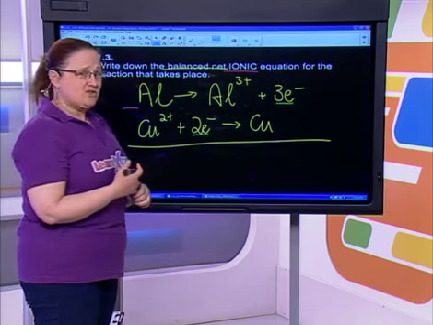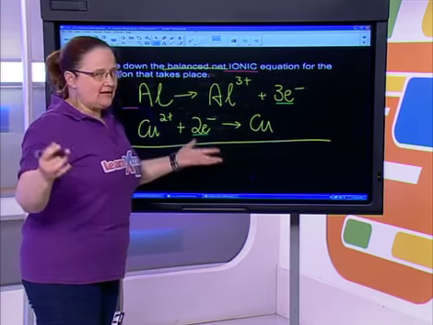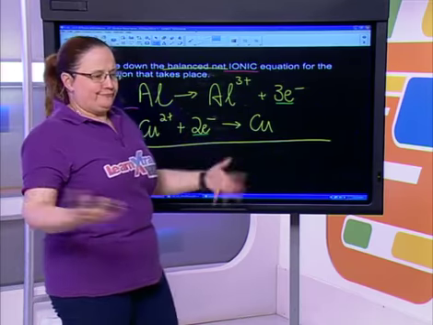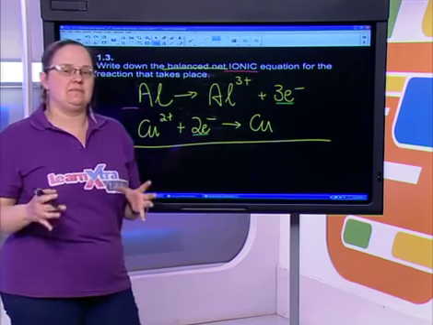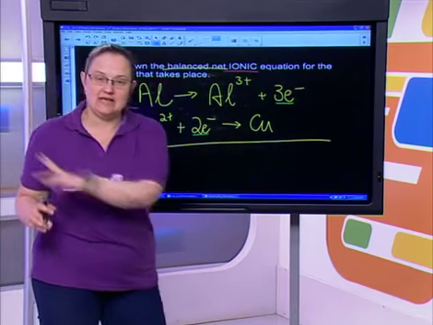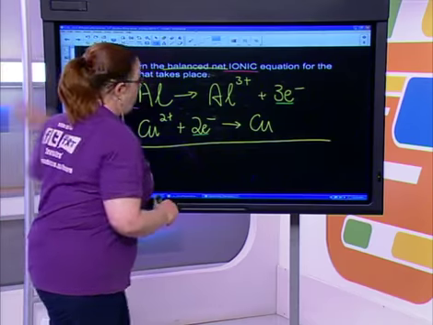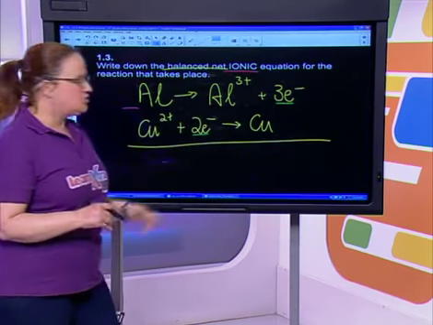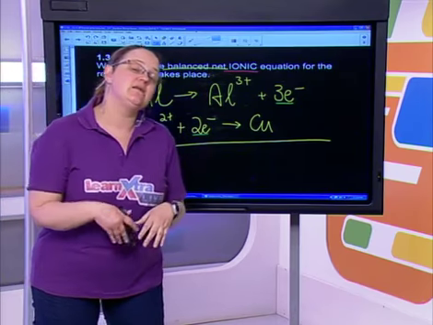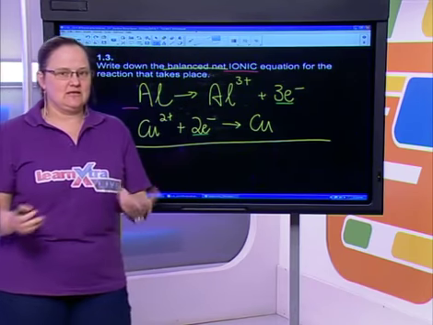And electrons can't exist on their own. They can't just run around in the solution. There has to be the same number. However many electrons the aluminium gives away, the copper needs to take all of them. This is a 3 and that's a 2, so we need to find a common multiple, and that's going to be 6.